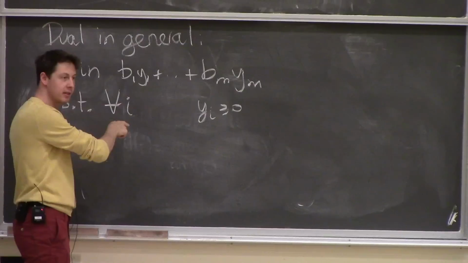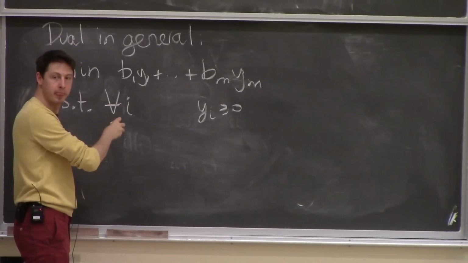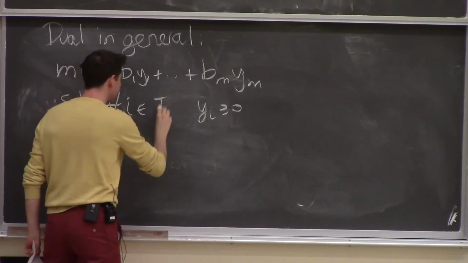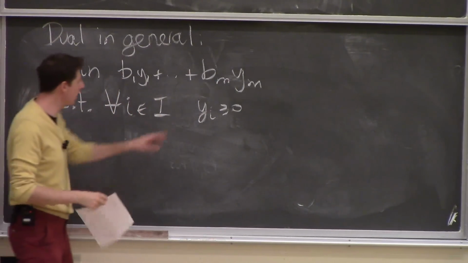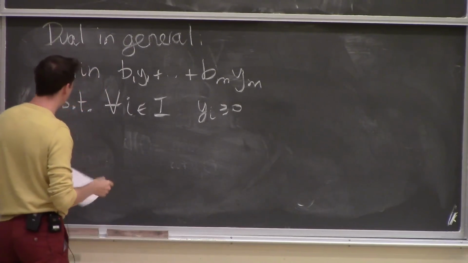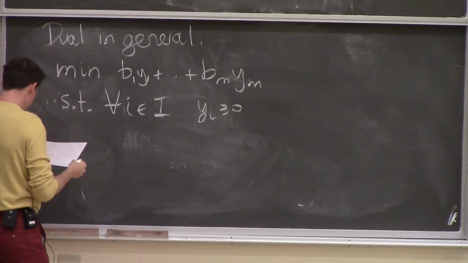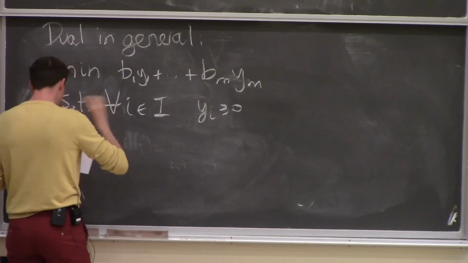Where does this i sit? Yeah, capital I, right? So these are only for the inequalities. I really need to make sure that yi is greater than or equal to 0.